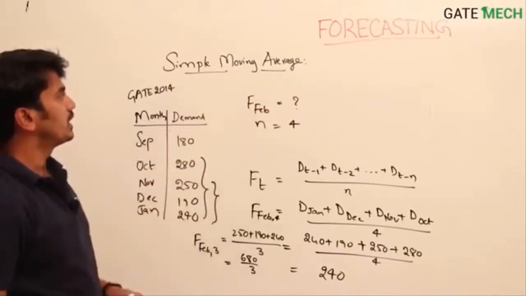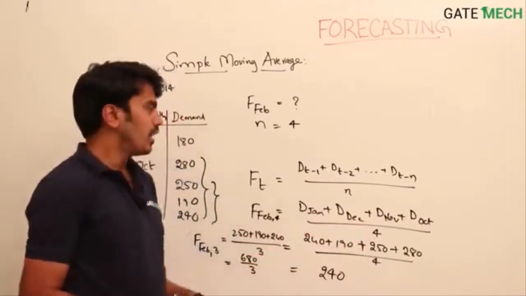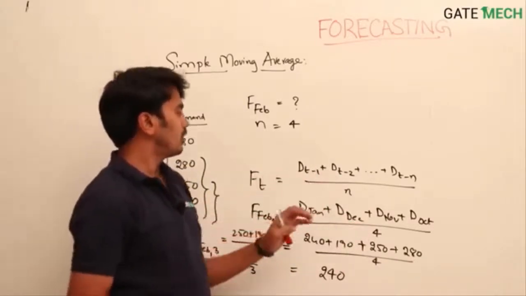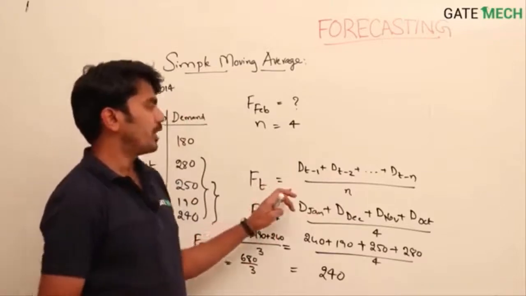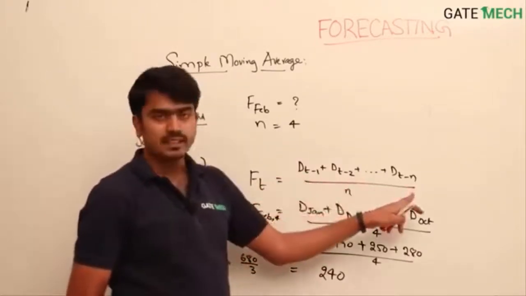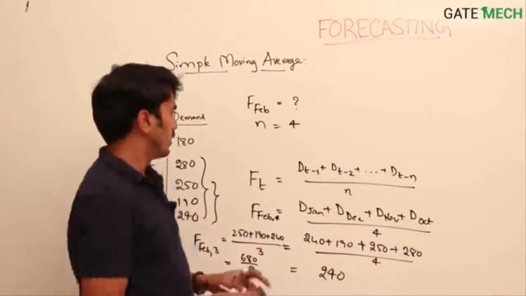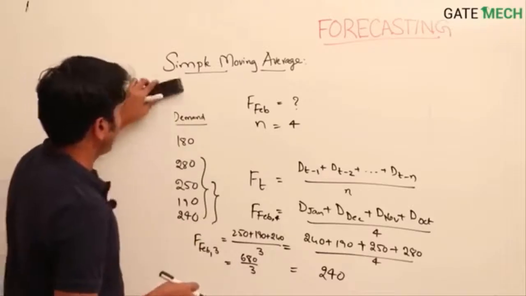So this method considers the last n periods' demand to calculate the average, and as we move from one period to another, one demand point will get discarded and a new demand point will be added. I will show that case as well.